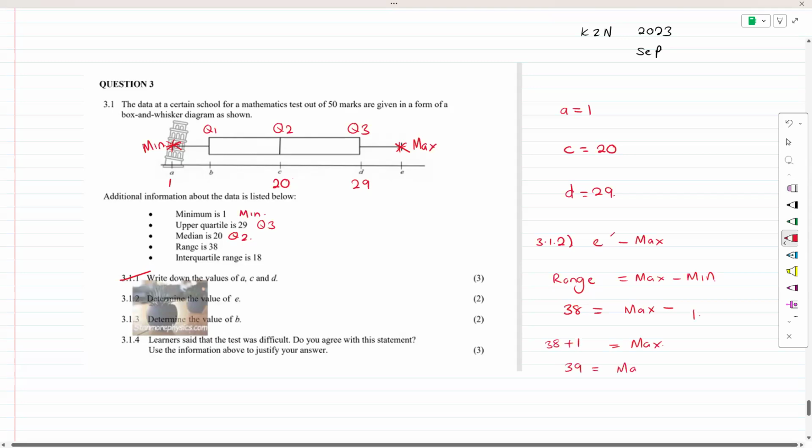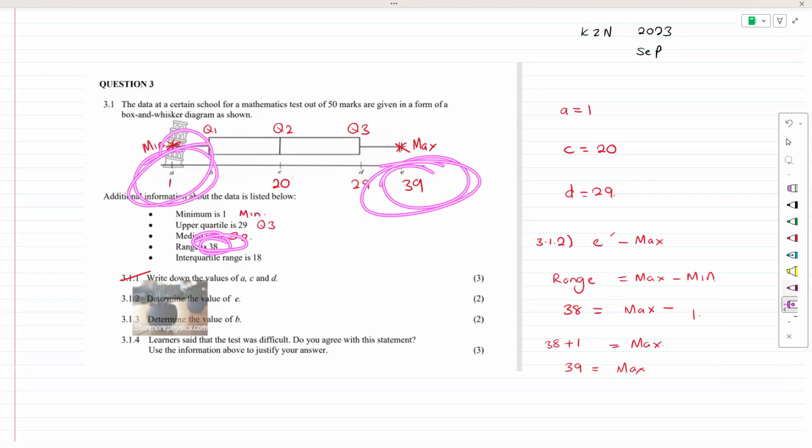For those of you that did not understand, they gave me the range, 38. So 38 has to be the maximum minus the minimum. 39 minus 1 gives me 38. But I worked backwards: 38 plus 1 gave me there.